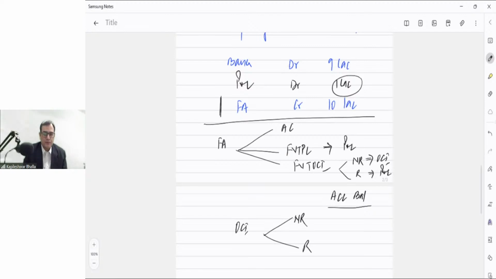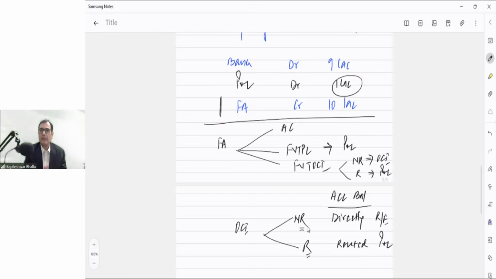In terms of no recycling, it will be directly transferred to retained earnings, whatever accumulated balance is there. And in terms of recycling, you will have to route it through the profit and loss account. This is something we discussed earlier when we were looking at the measurement of financial assets, initially and subsequently.